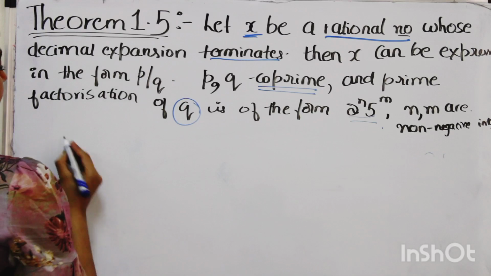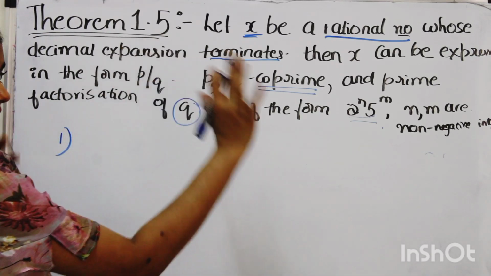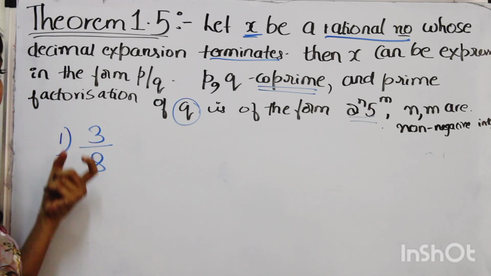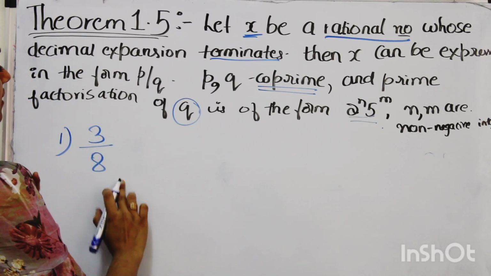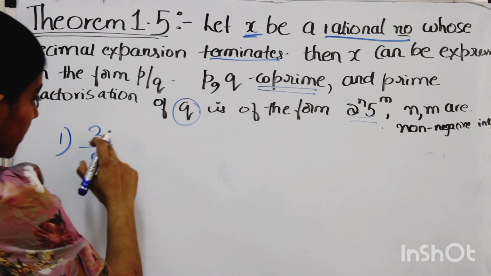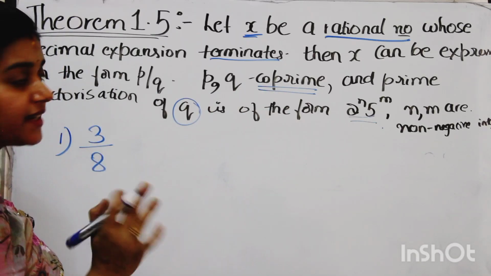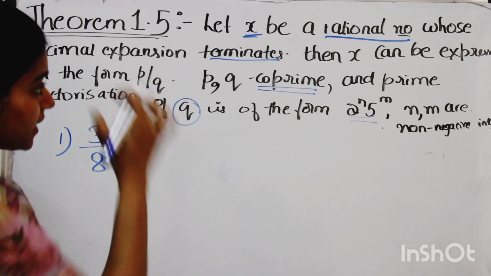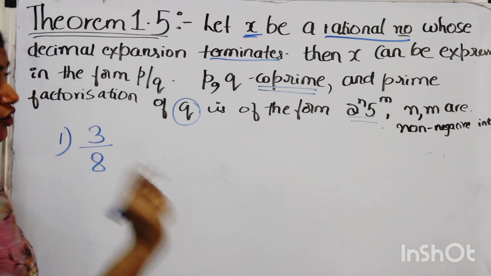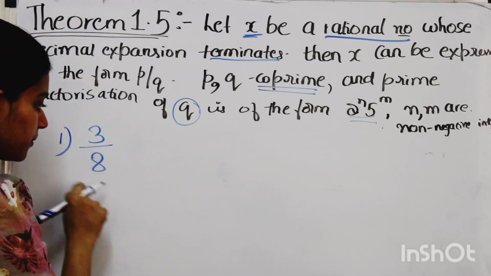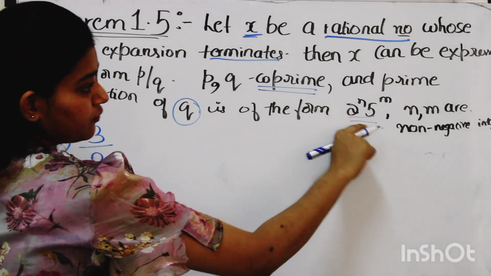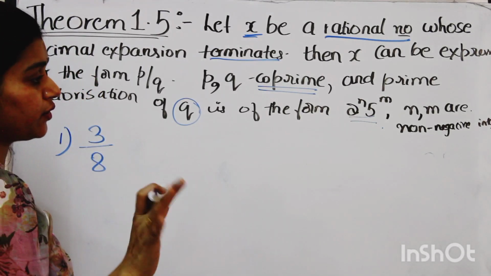Now take one example and discuss this again. Let's take 3 by 8. Here you can see 3 by 8 is a rational number, and this is co-prime, because 3 and 8 have no common factor between them. They also say it terminates, and we have to prove that the prime factorization of the denominator q is in the form of 2 or 5 or 2 into 5.